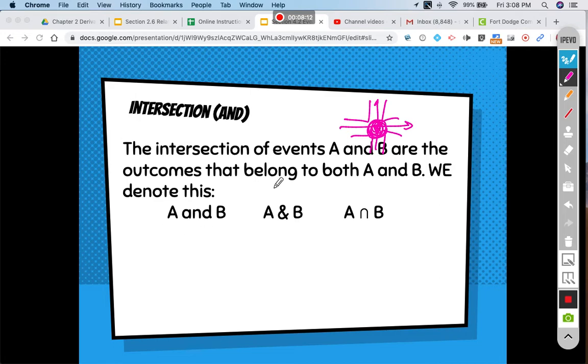So the intersection of events A and B are outcomes that belong to both A and B. So we use the word and sometimes. We use the and symbol, a symbol from set theory. I kind of think about it as an A without the little line through it. But that's the symbol that we use to mean and. And when we use this, again, we want the intersection. We need both events to be true.